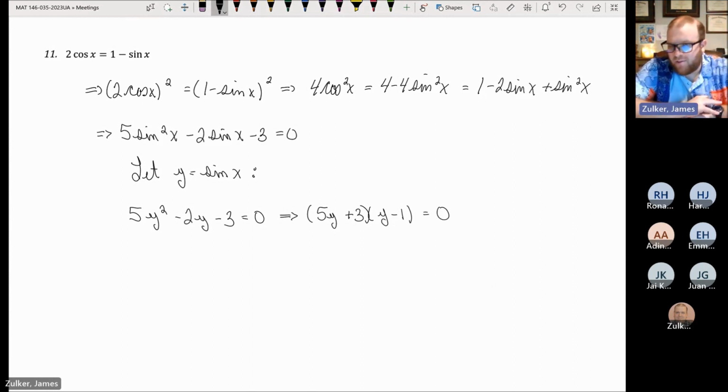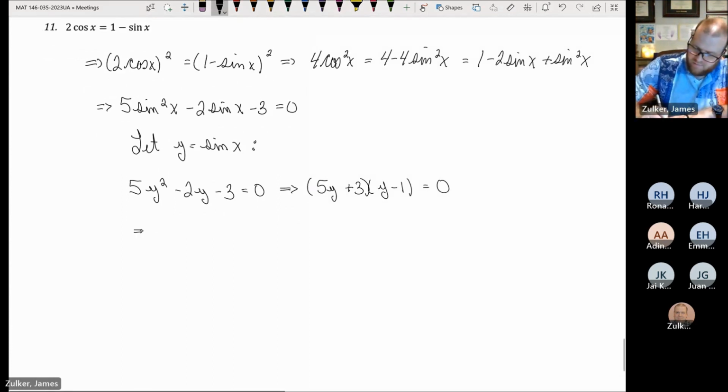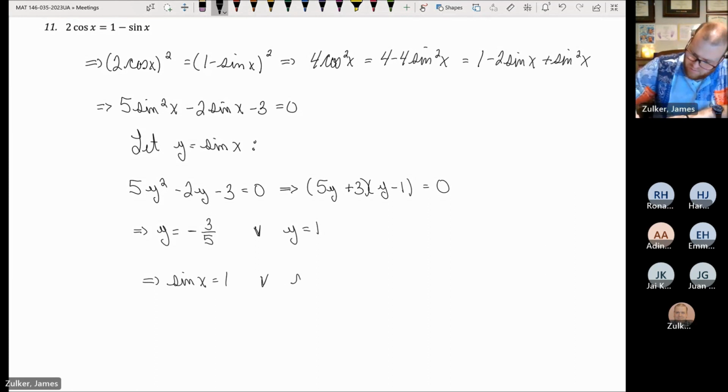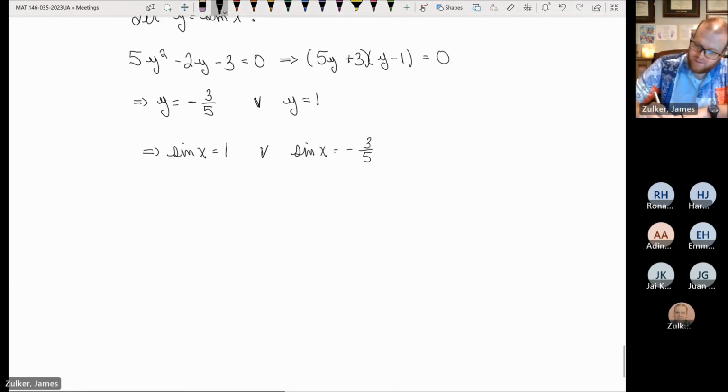That'll factor to 5y plus 3 times y minus 1. All right, and so we see that y is negative 3/5, or y is 1. This will leave us with sine either being 1 or negative 3/5.